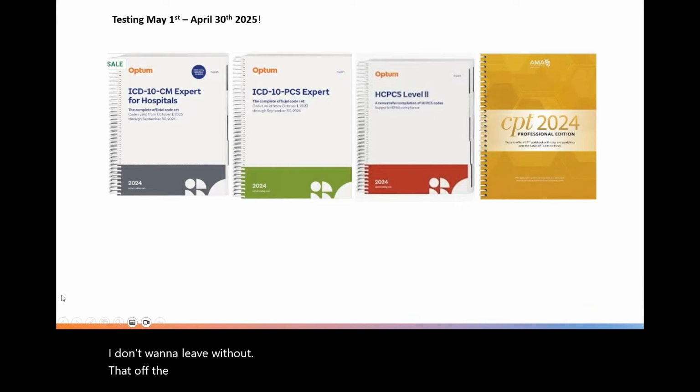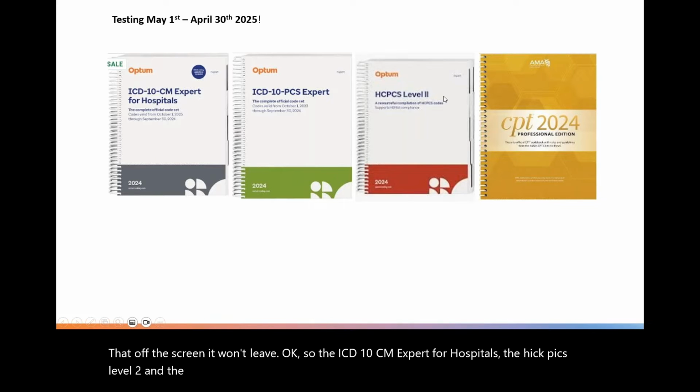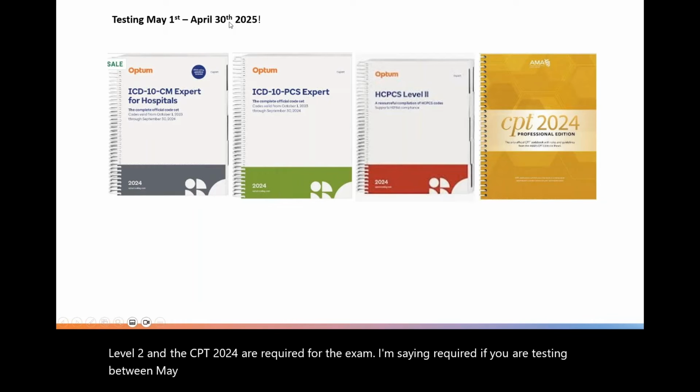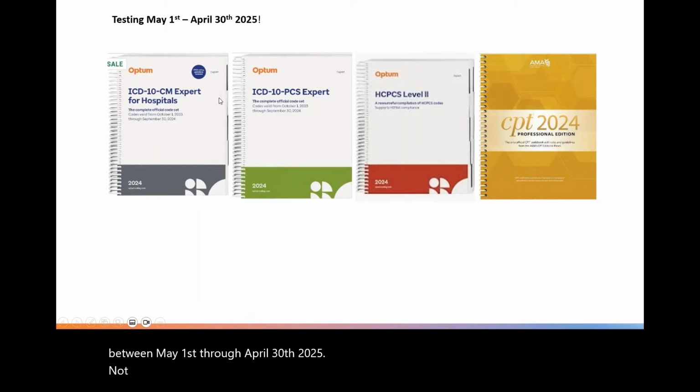It won't leave. Okay. So the ICD-10-CM Expert for Hospitals, the HCPCS Level II, and the CPT 2024 are required for the exam. I'm saying required if you are testing between May 1st through April 30th, 2025. Not before May 1st. So if you're testing before May 1st, please let me know.